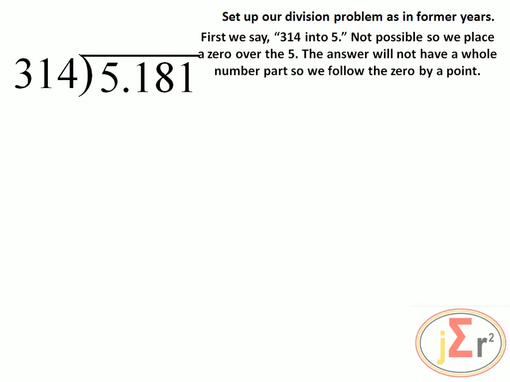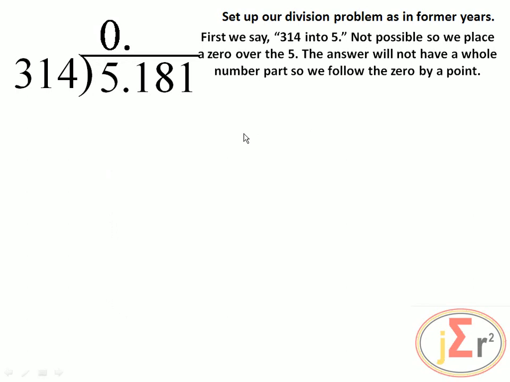By going beyond the point, we know that we have exhausted the whole number position. Therefore, we will not have any whole number because 314 does not divide into 5 at all. So there is our point. Since we are going beyond our point, we have to include that decimal point at that stage.